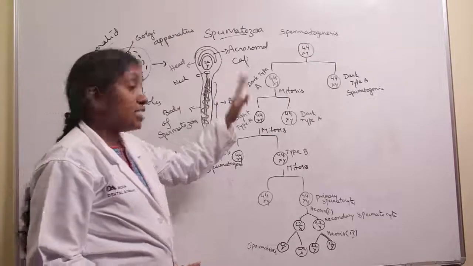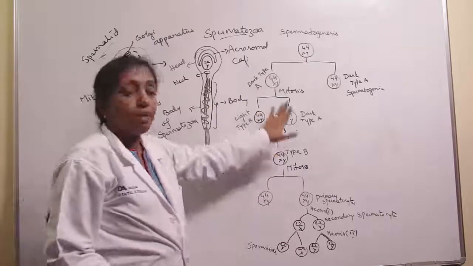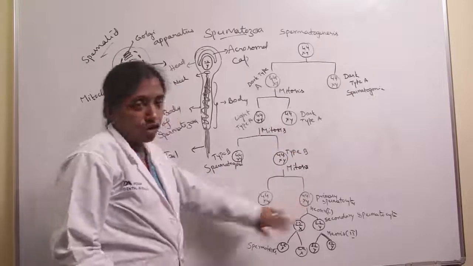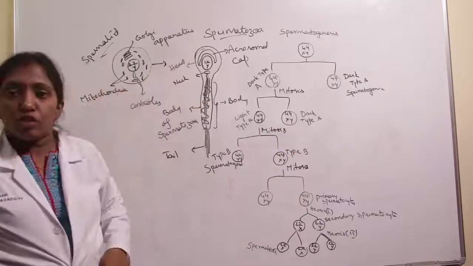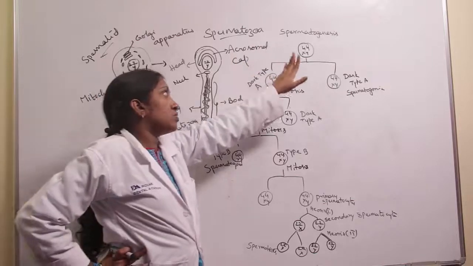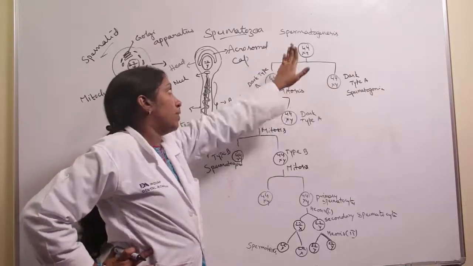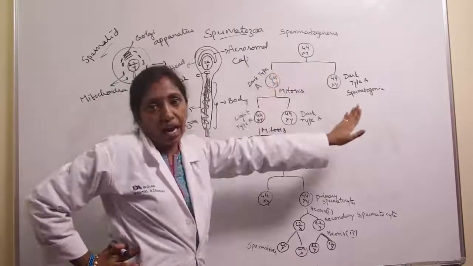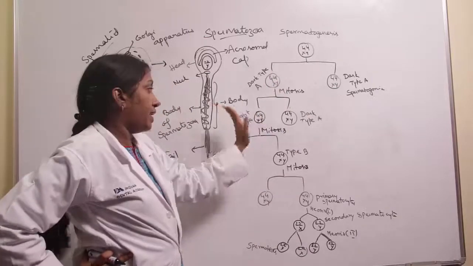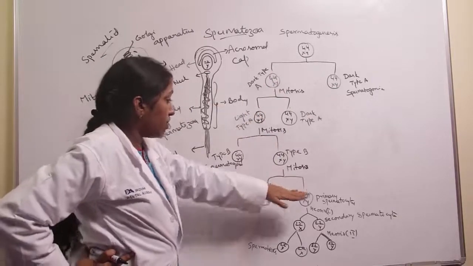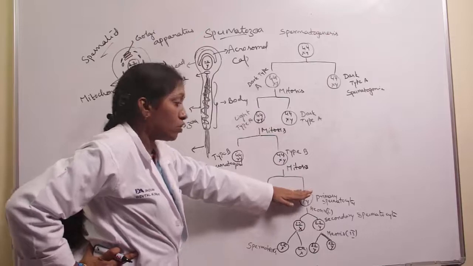So the entire spermatogenesis consists of three steps. The first is spermatocytosis, the next is meiosis, and the third is spermiogenesis. Spermatocytosis means the primordial germ cells divide into dark type A, then light type A and type B, and up to this we call it spermatocytosis.